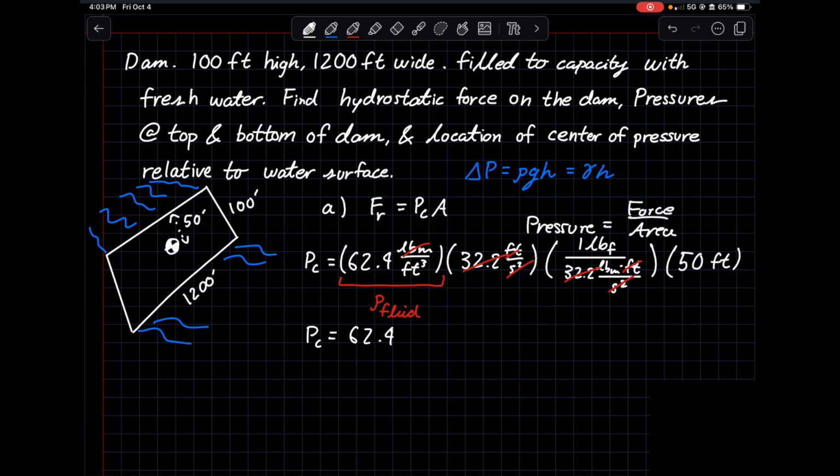If I were to do this in the metric system, I would probably just stay with the rho g h, because gamma works, but it's not as groundbreaking as it is in the English system. So now we have 62.4 pound force per cubic foot multiplied by 50 feet.